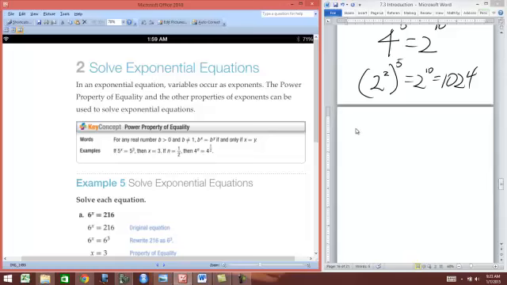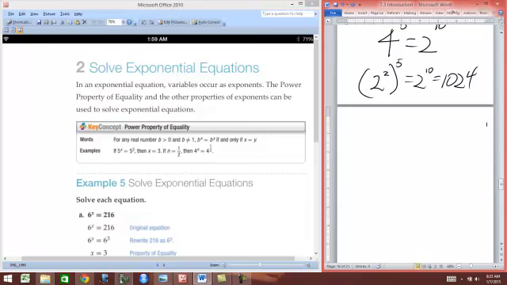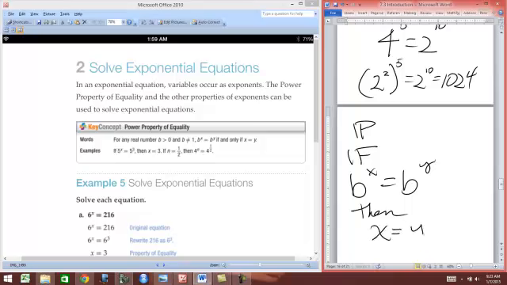If, here, let me turn on my pen here. If b to the x equals b to the y, so in other words, you got 2 exponential expressions where the bases are the same, then x must equal y.